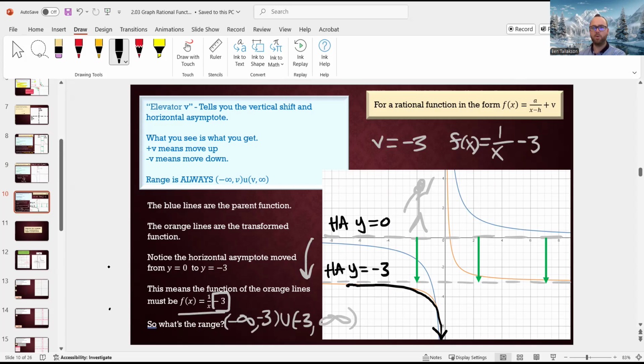It's going to skip over, so that's where the U for united comes in, and it's going to continue just on the other side of -3 and go up forever. Okay, so here's that negative infinity, the positive infinity, and here is that -3 that's not included. Again, the parentheses tell us that.